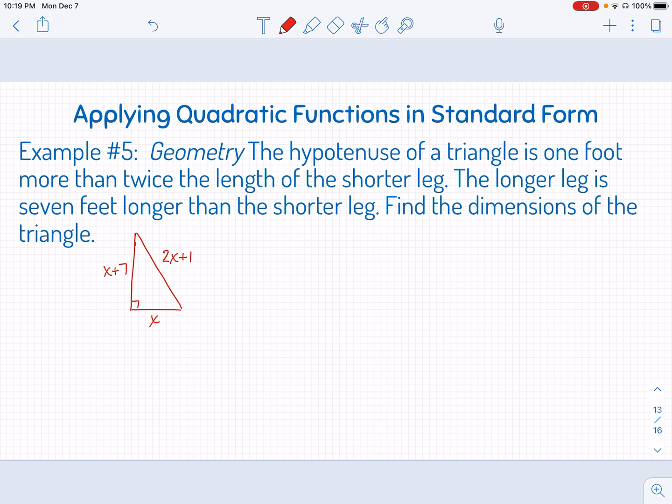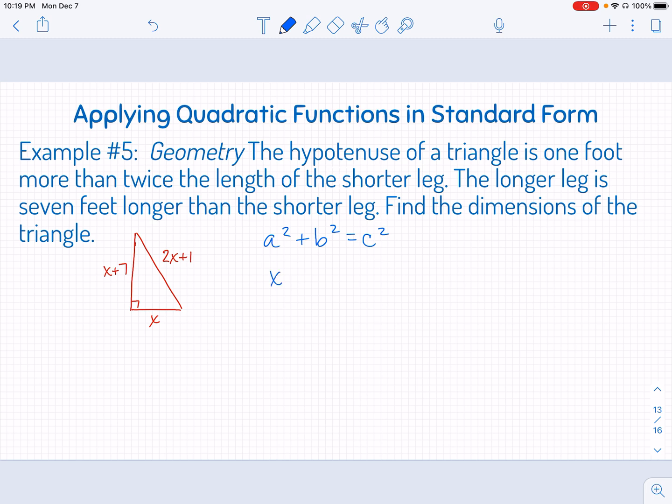So think back to geometry. What do you know about this type of triangle? You did a lot with right triangles. You know what you learned in geometry: a squared plus b squared equals c squared, right? And a is one of the legs and b is the other leg.